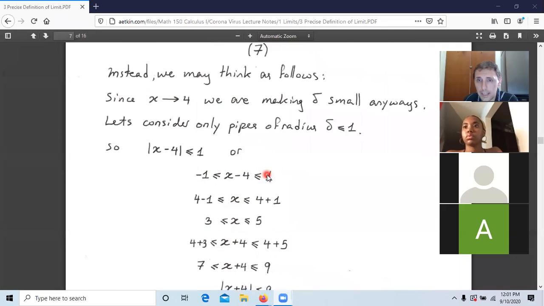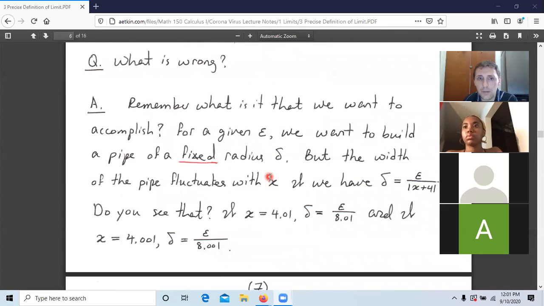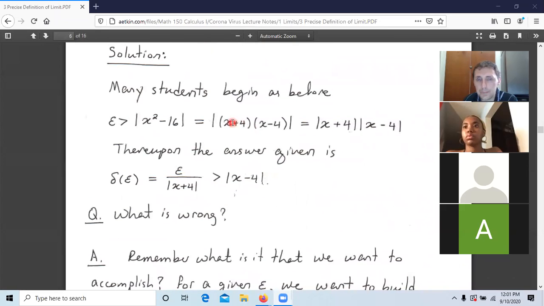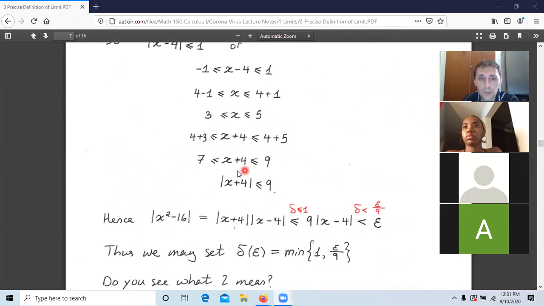I don't need X. You see, what I'm trying to manufacture, guys, is X plus 4. This is the part that causes me problems. You understand the process? Good. Understand that I'm trying to manufacture X plus 4. So I get, after the process, that X plus 4 is between the numbers 7 and 9.